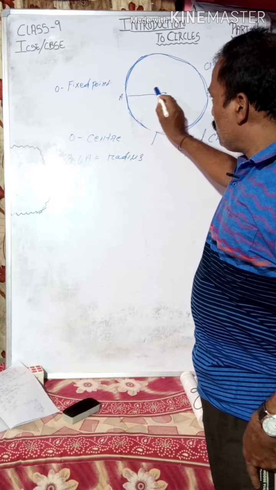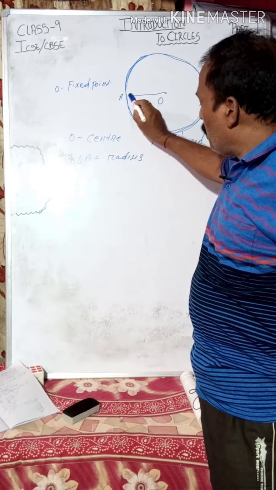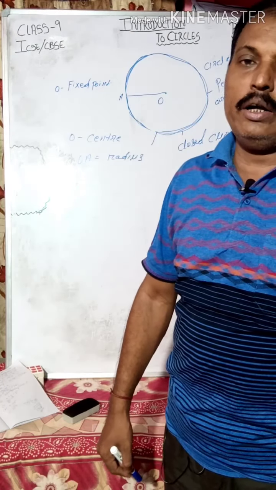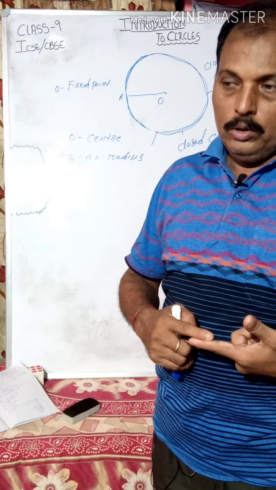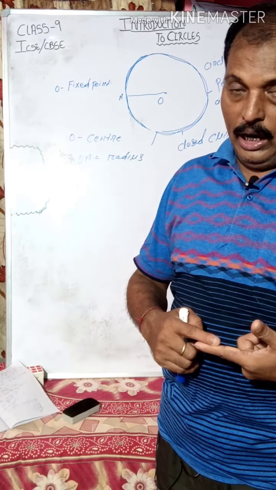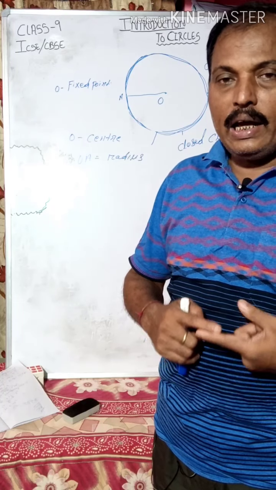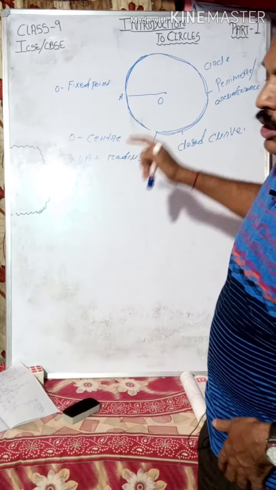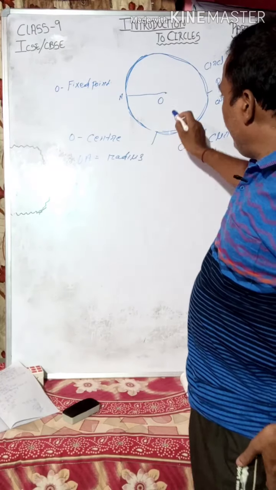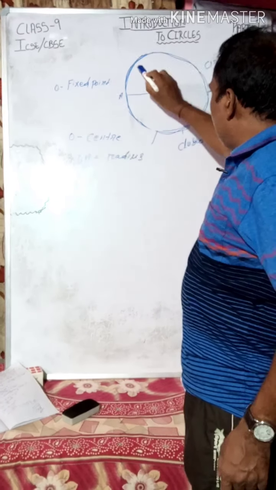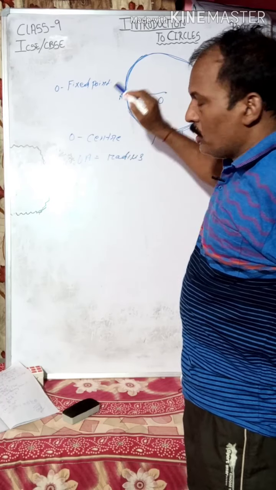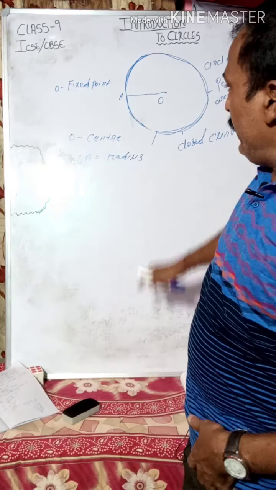The line joining the center to any point of the circumference is called the radius of the circle. How many radii are there in a circle? There are unlimited radii in the circle. So this is the radius of the circle. This is the circumference of the circle. O is the center of the circle. OA is the radius of the circle.